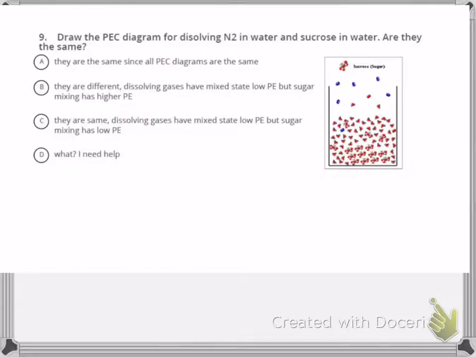So look at the Peck diagram, nitrogen and water, and the idea is, what would that look like? Although it's not going to be very important for the final, just keep in mind that as you heat up dissolved gas and water, the unmixed state, or the gas separating, becomes more favored. The mixed state particles are closer and have lower potential energy.